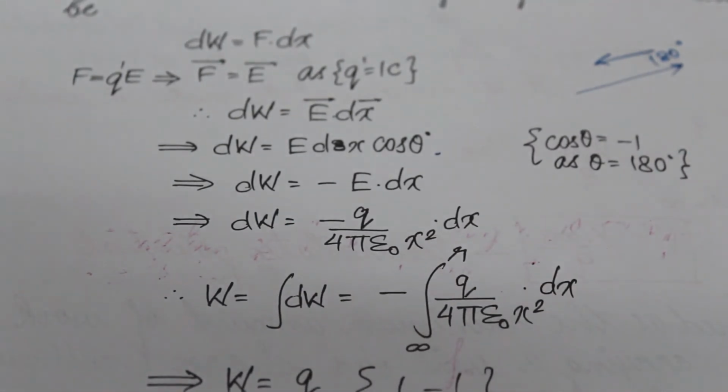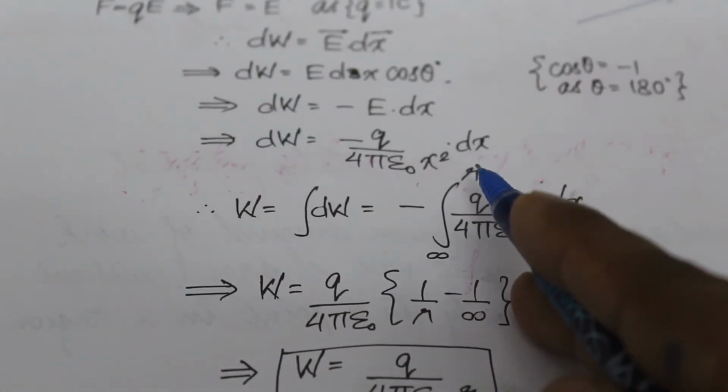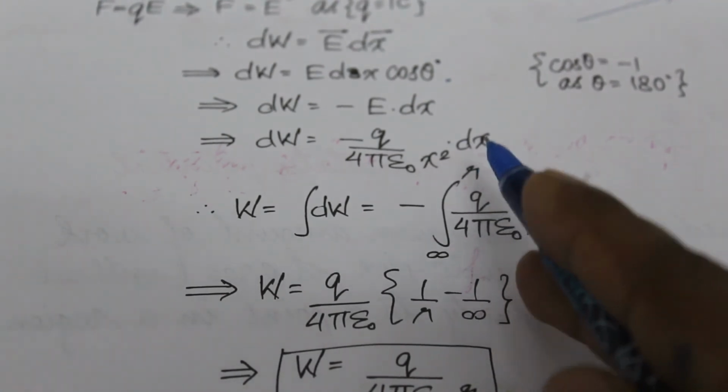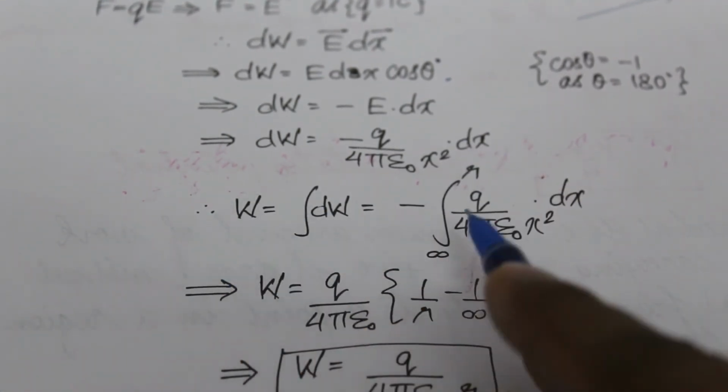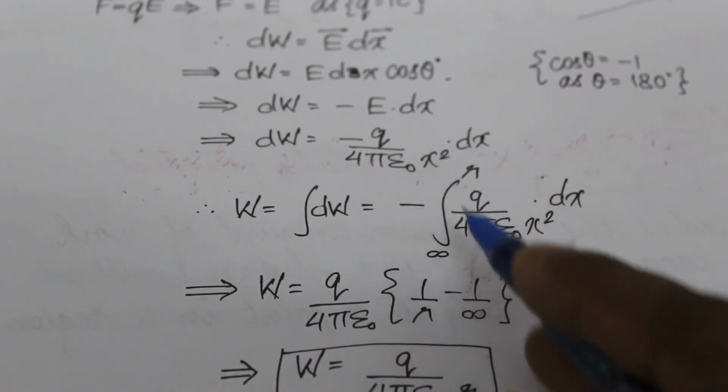Now according to the definition of electric potential, the work done is in moving the charge from infinity to a point. So we will integrate this from infinity to the point P, which is at a distance R from the charge. So we get W equal to minus Q upon 4 pi epsilon naught X square dx, integrated.